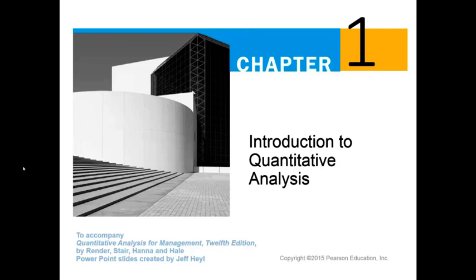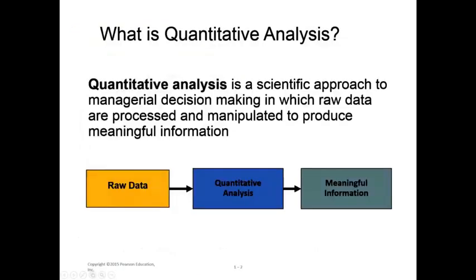So, to start off, what is quantitative analysis itself? Quantitative analysis is the concept that you use some sort of data information in order to make a better decision, in this situation a business decision, although obviously you could make other decisions that way too, but you don't make it based just on the data.